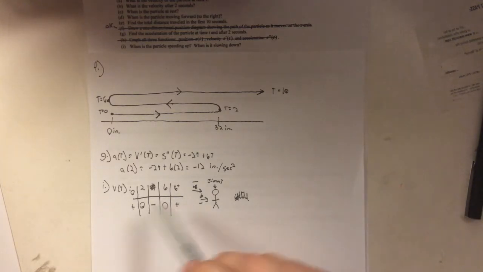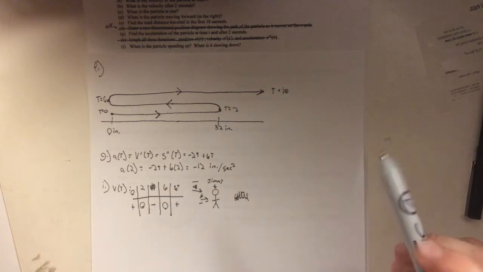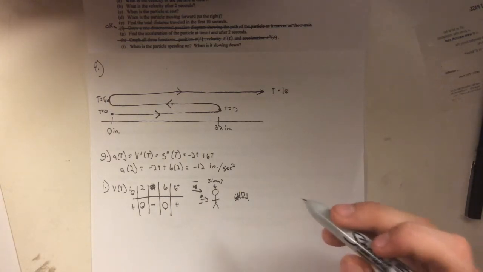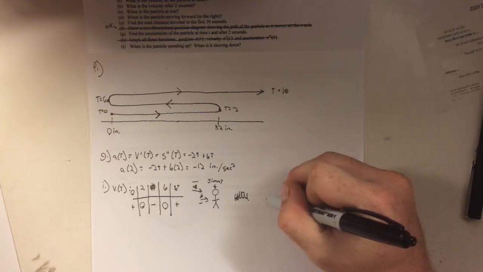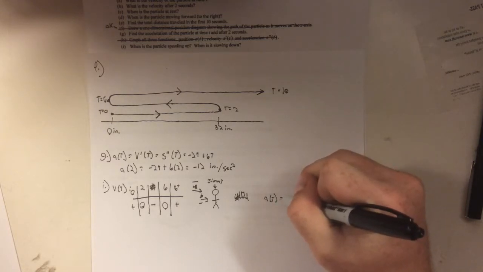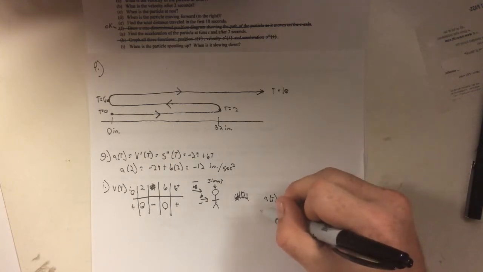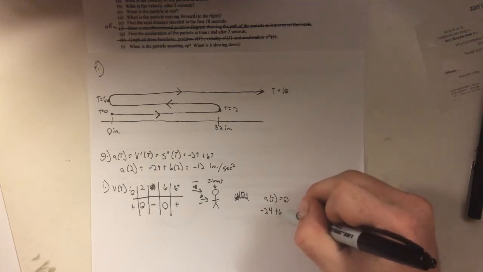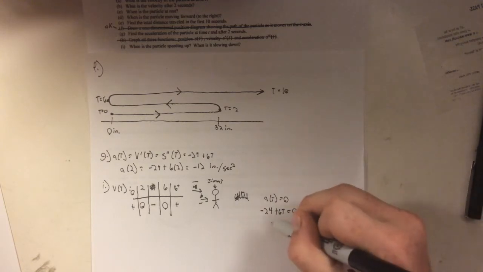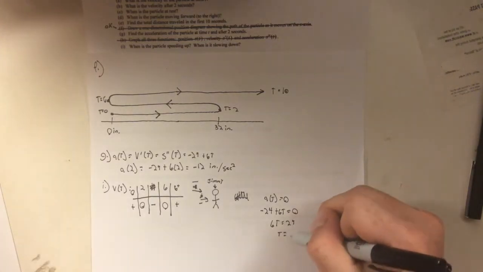So we have the values and the sign changes for our velocity function, but we need to find it for our acceleration function. So we have to find when a of t is equal to 0. So our acceleration function is negative 24 plus 6t, so you have to set that equal to 0. 6t is equal to 24, and that comes out as t is equal to 4.